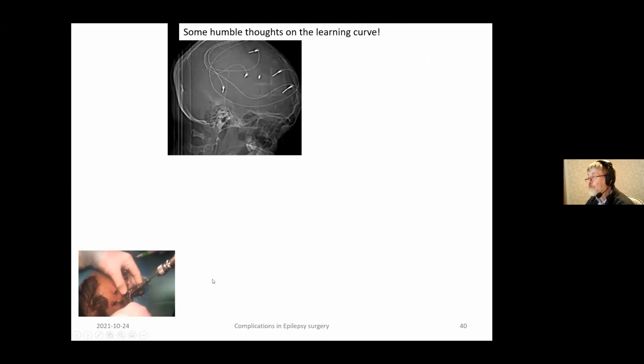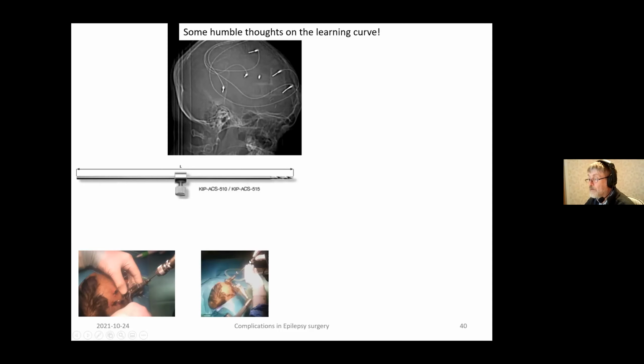This is the third patient that I was involved in for SEEG, just after the summer of 2013. This is the instrumentarium we used at that time. Now it's a little bit different, but the principles are the same. We drill a hole in the skull bone, and then of course we use a stop screw.